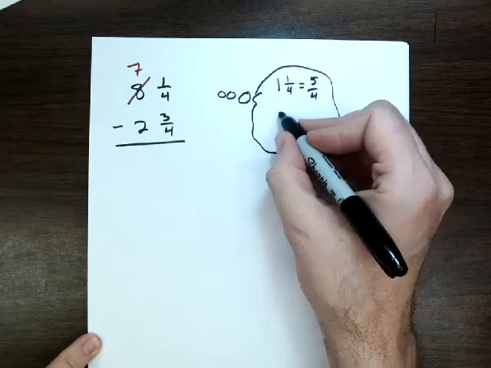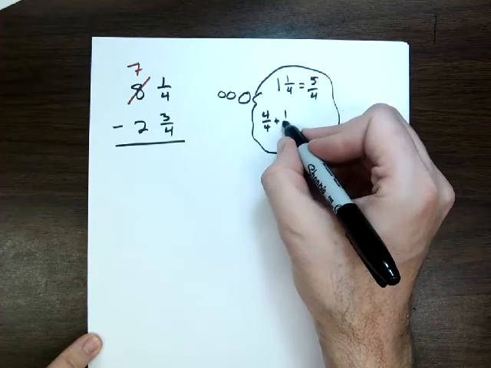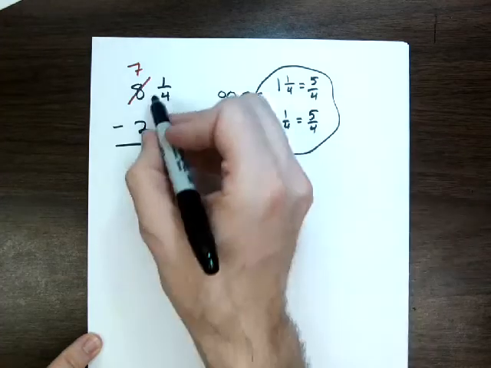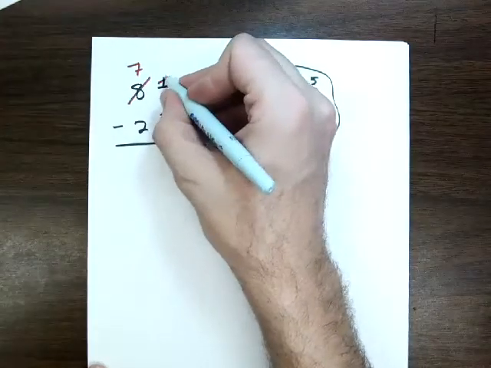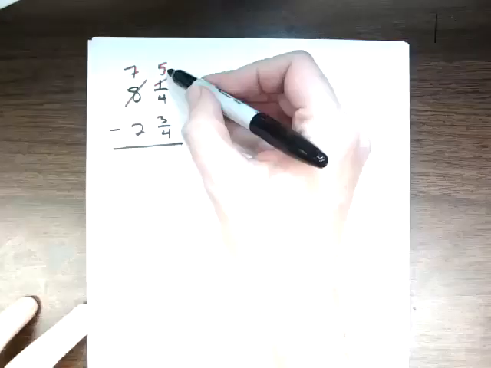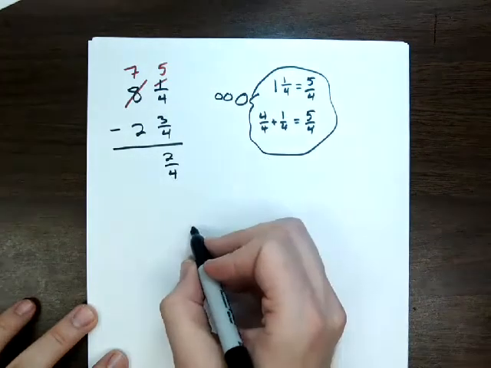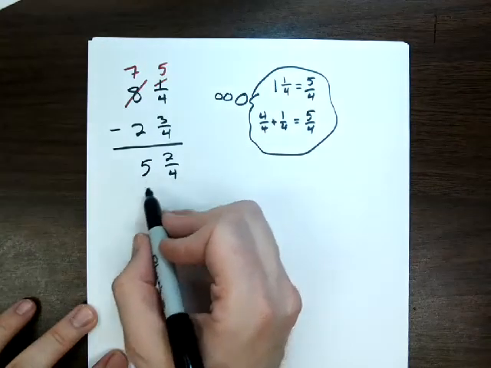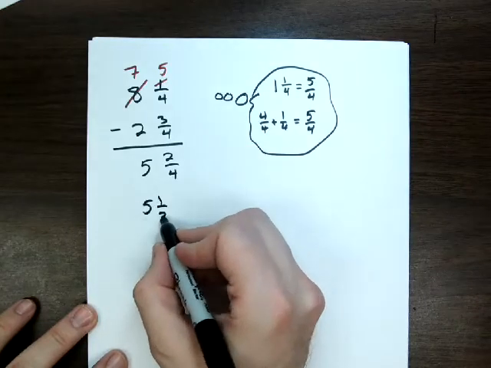Or another way of thinking of that is I've just basically added 4/4 to my 1/4 to get 5/4. And so when I've borrowed here, that doesn't become an 11, that becomes a 5. 5/4 minus 3/4 is going to be 2/4. 7 minus 2 is going to be 5. 5 and 2/4, I can reduce that fraction to 5 and 1/2.